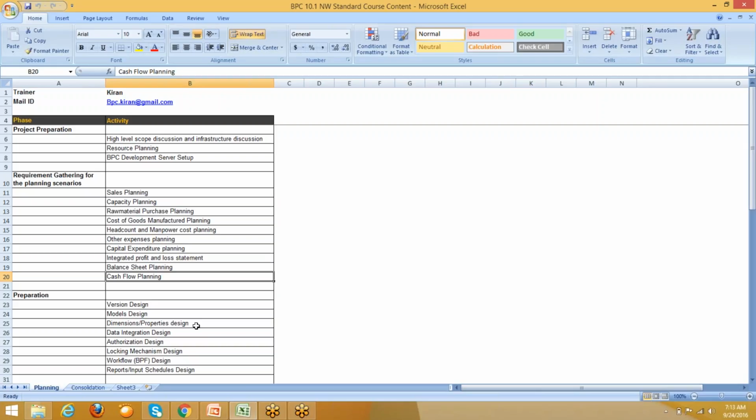If direct cash flow is not possible, why is it not possible? What are the movements required to derive this particular cash flow? These things we are going to discuss. As part of requirement gathering, we are going to ask many questions to the client, and we are going to prepare a solution for these requirements.